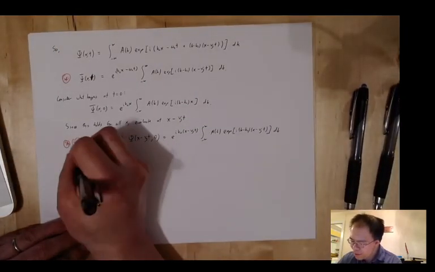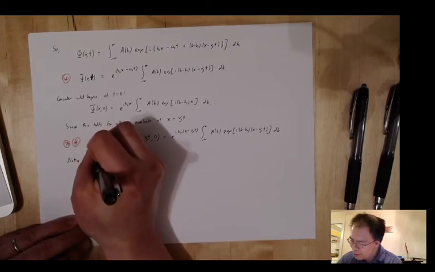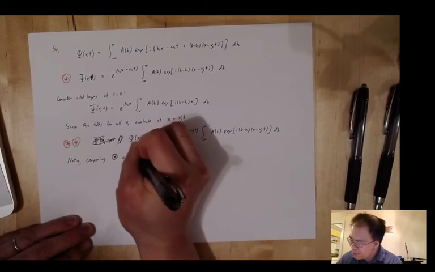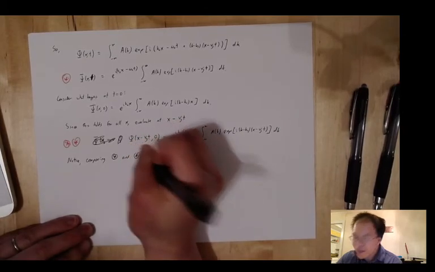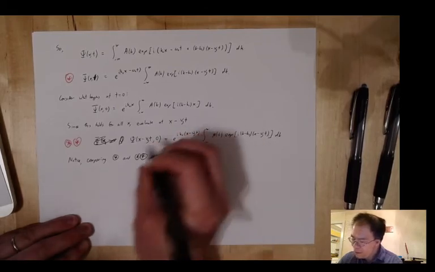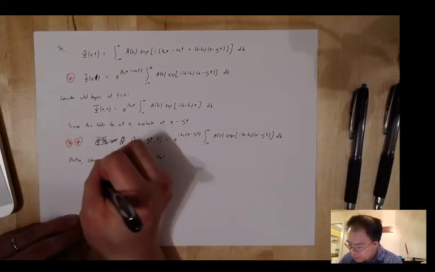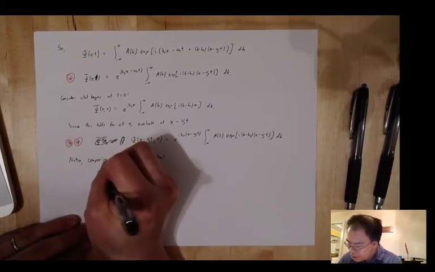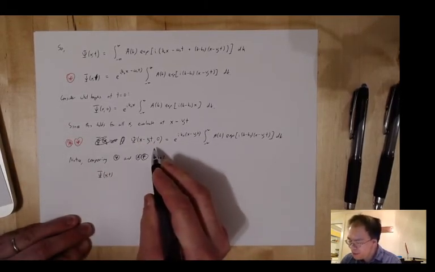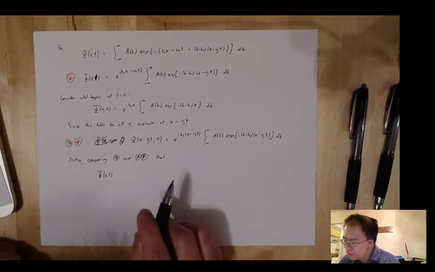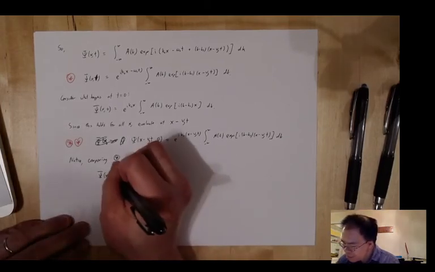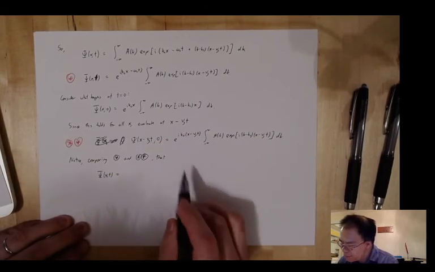Notice, comparing star and double star, that psi of x,t and psi of x minus vg t, 0 differ only by factors. So let's see what we have to do.